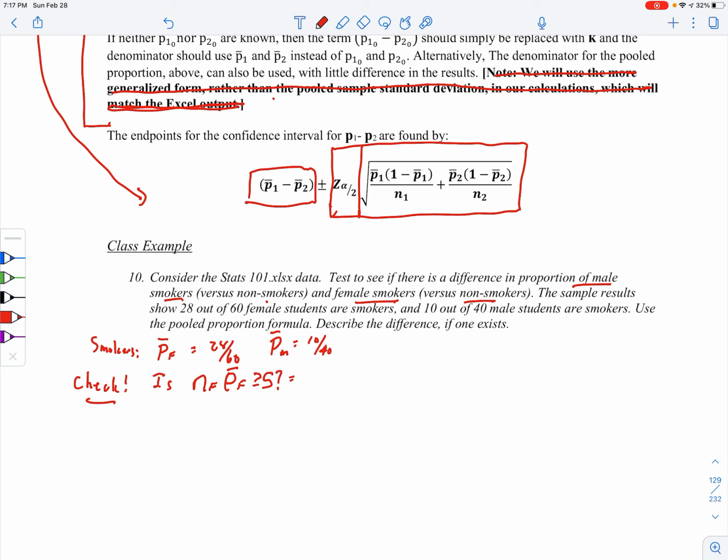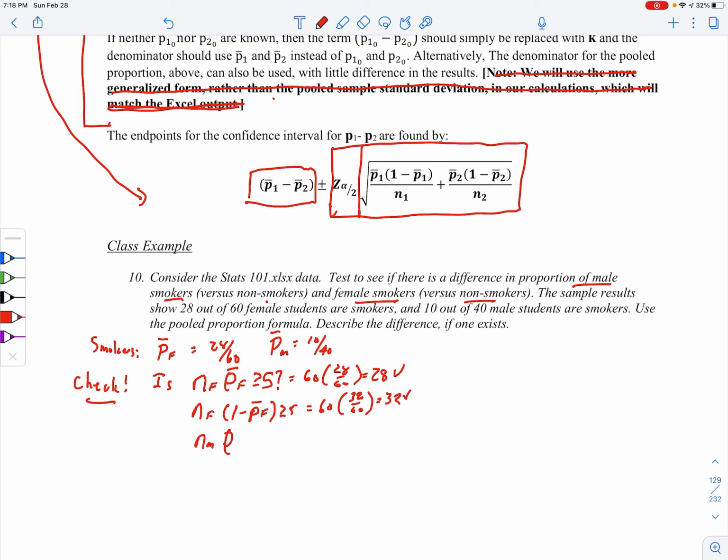And in our particular case, that's going to be 60 times 28 over 60, which is equal to 28. Check. And then we would say 1 minus, we'll use the P bar here, is that at least 5? And we'll have 60, and then what's left over here is, I guess, 32 out of 60. So that'll be 32.